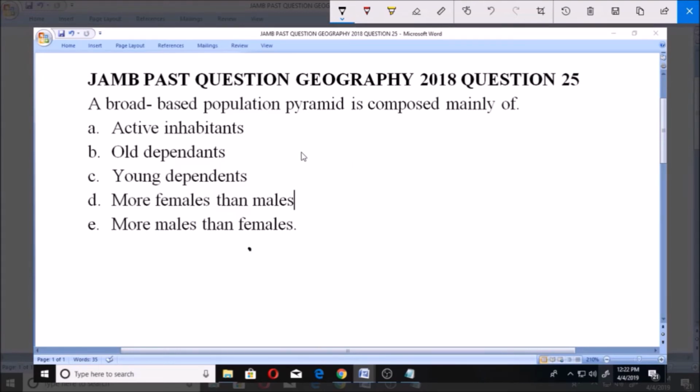Now, what is a broad-based population pyramid, or in other words, a young population pyramid?